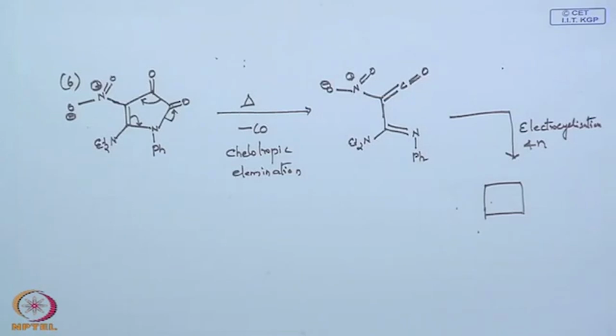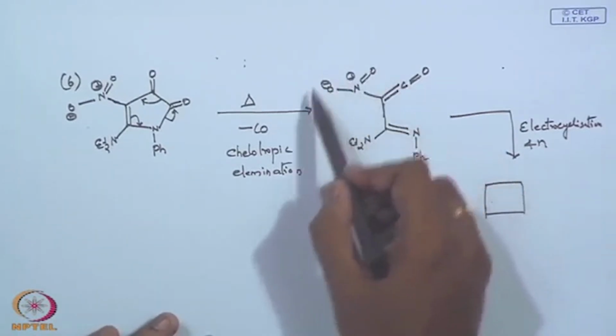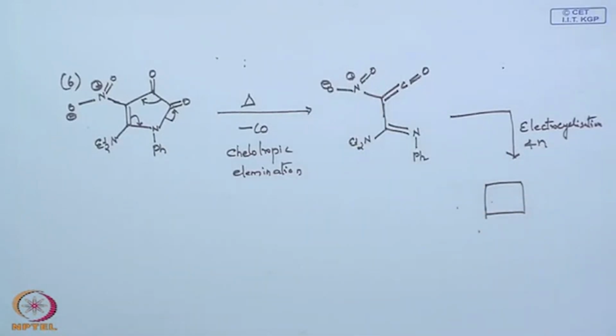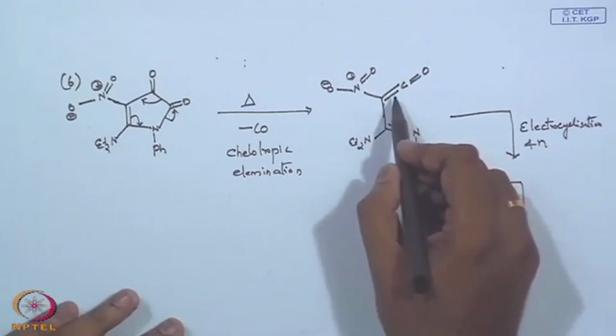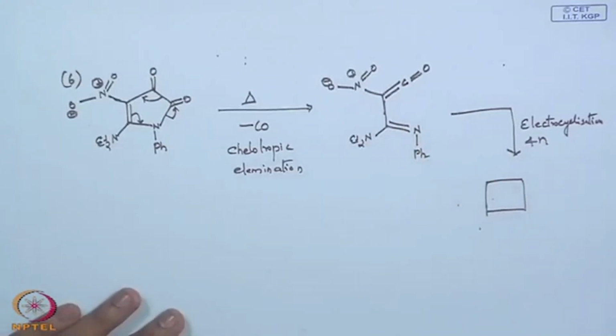First thing that should come to your mind, because if you see this molecule, it's interesting to watch. That's why I just stopped writing the product, because I want you to see that there are now two ways of electrocyclization taking place, right?